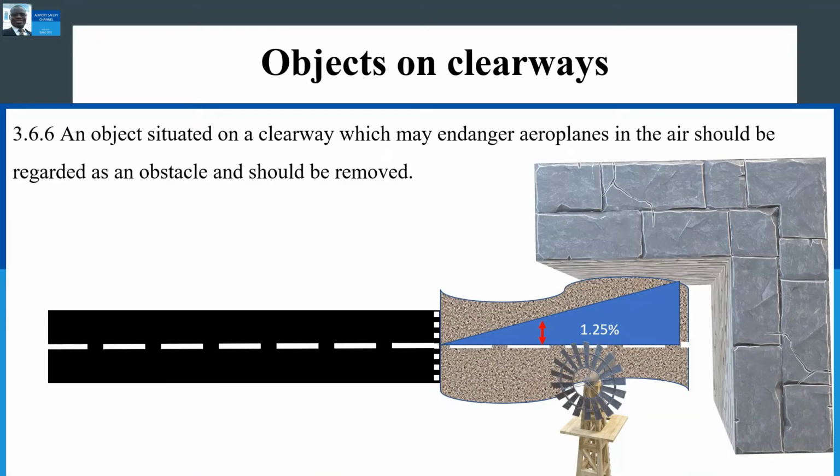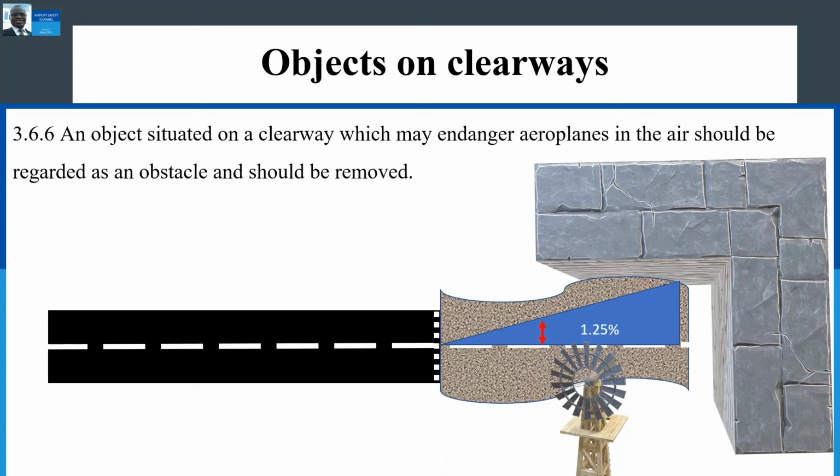Now the last item we'll look at has to do with objects on Clearways. Annex 14, Chapter 3, Section 6.6 says that an object situated on a Clearway which may endanger aeroplanes in the air should be regarded as an obstacle and should be removed.